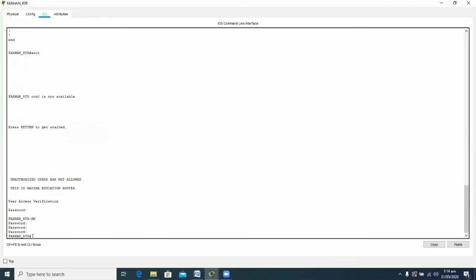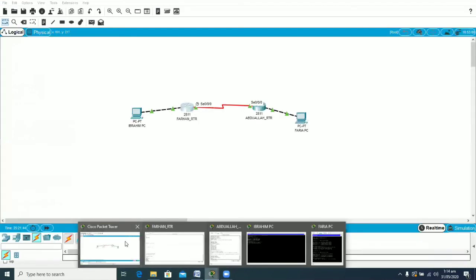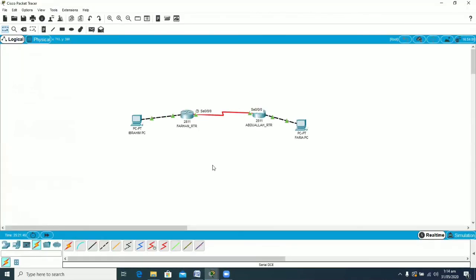Now I wrote maxima 2, that is the enable secret password. So I told you that the more powerful password will be used by the router to let you enter into its enable mode. So I hope that this basic CLI configuration lab is now clear to you.